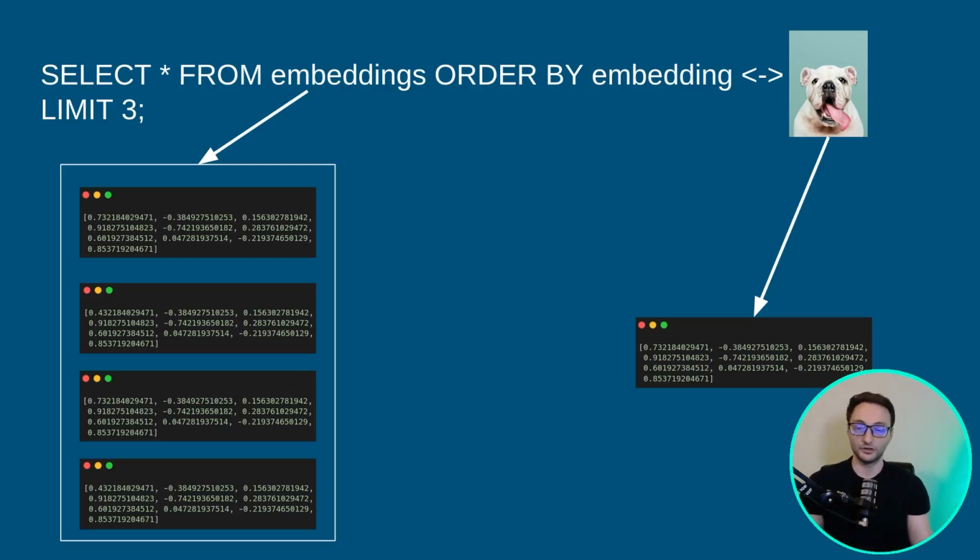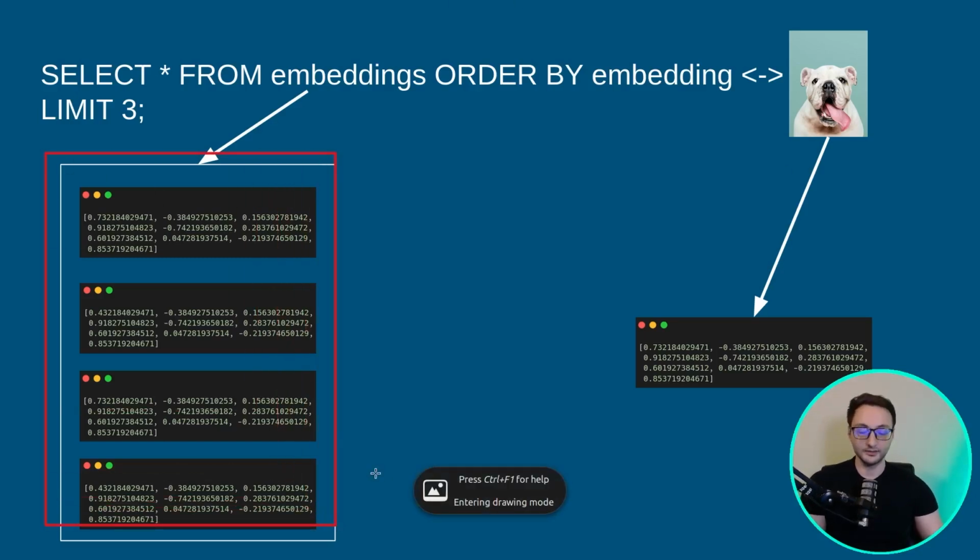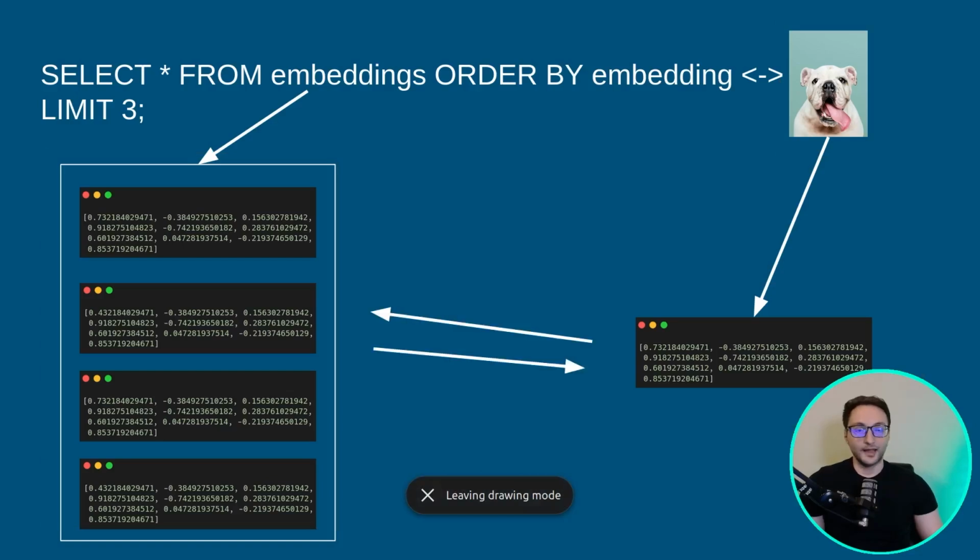What you would usually do in practice is you have your table full of embeddings, and then when you have an image, in this example, that you want to search, you just turn that image into a vector on the fly. So you do that, and then you execute the similarity search, which will basically order the embeddings based on similarity and give you the most similar items.